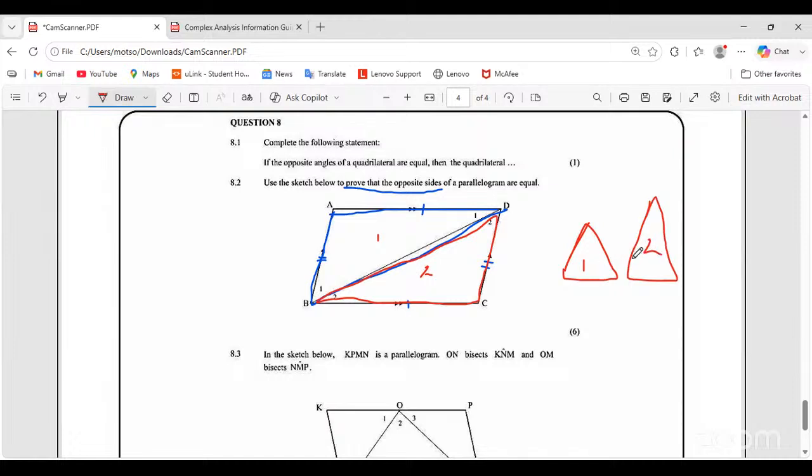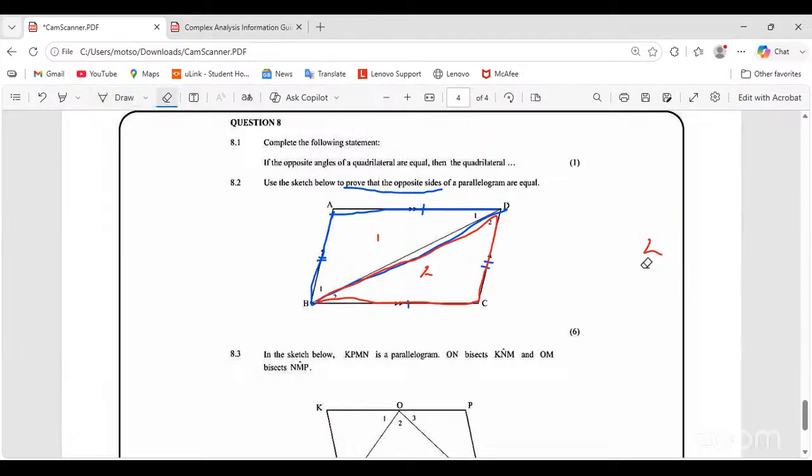They are not necessarily the same in anything. It's just that the one is an enlargement of the other. Maybe the one is two times larger than the other. Now, let's prove the congruency between the blue triangle and the red triangle.